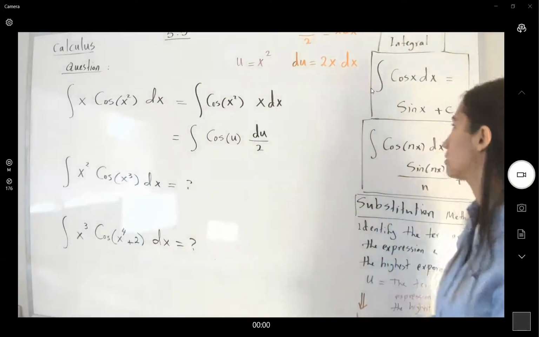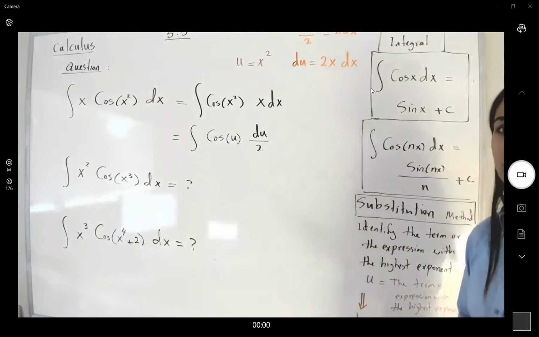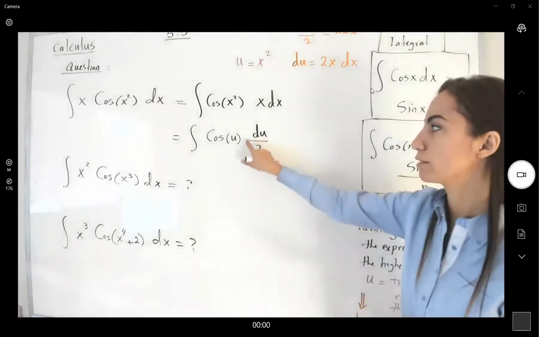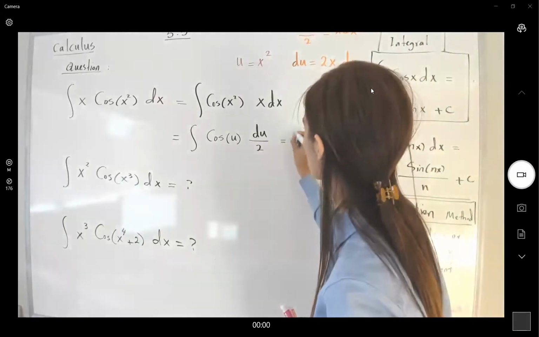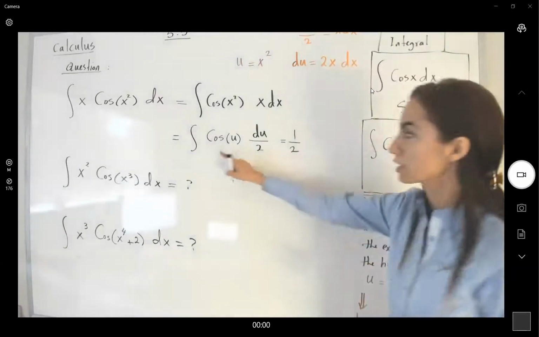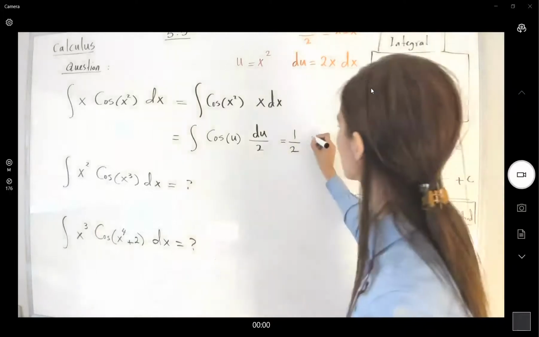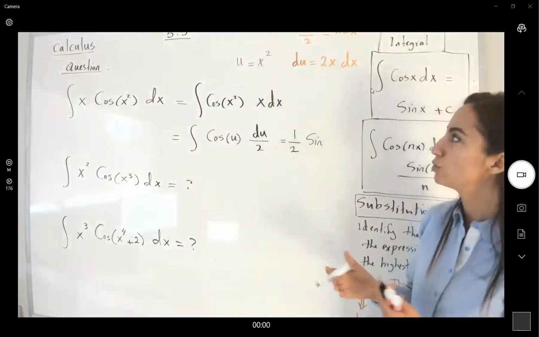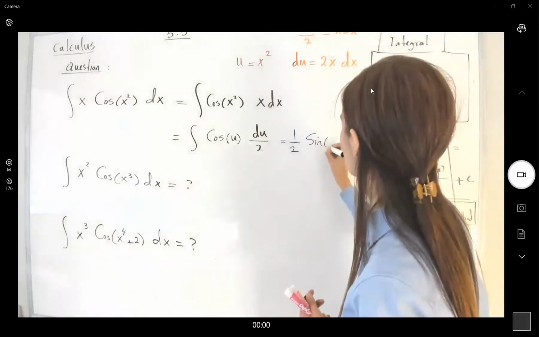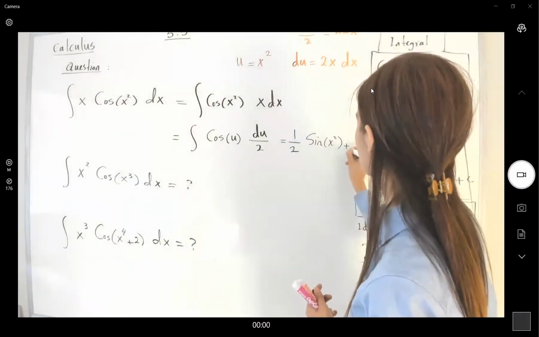The integral of cosine, I know it is equal to sine. It has 1 divided by 2, or a half. So a half goes in front of the integral. The integral of cosine is just sine. But what is u? u is x squared plus.